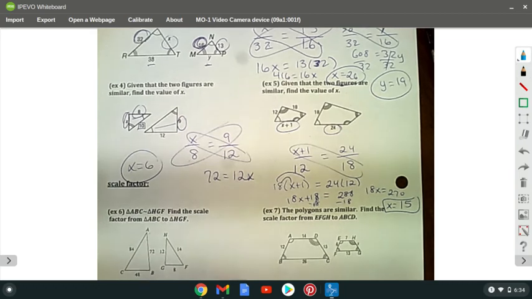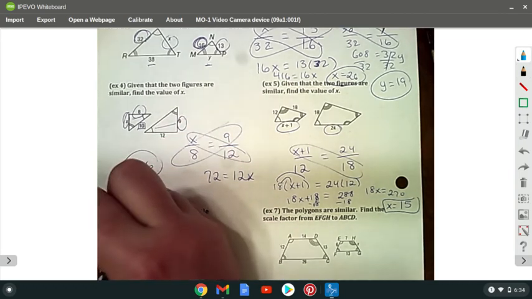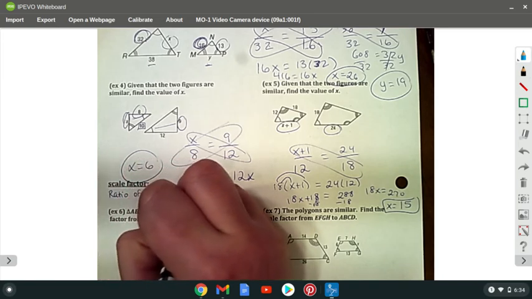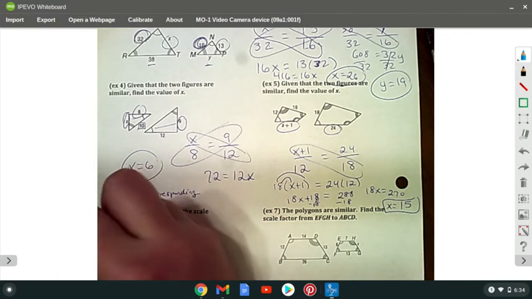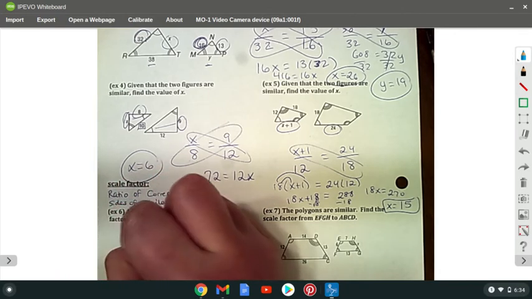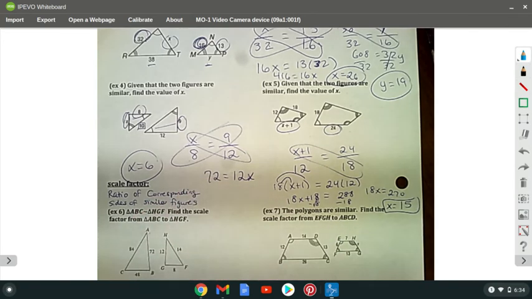Another important term in this section is scale factor, which is a ratio of corresponding sides of similar figures.